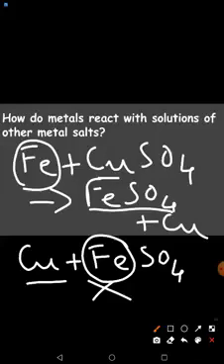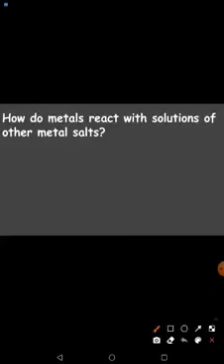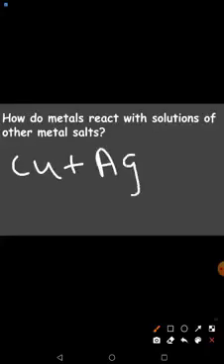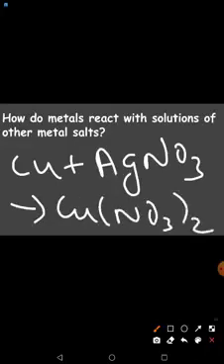Okay, a few more examples you can consider for this displacement reaction. What are the other reactions I can give you? Copper with silver nitrate will give you Cu(NO3)2 plus Ag.